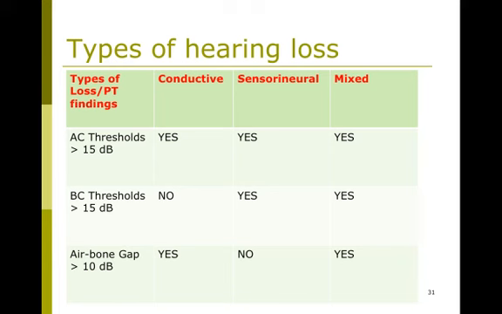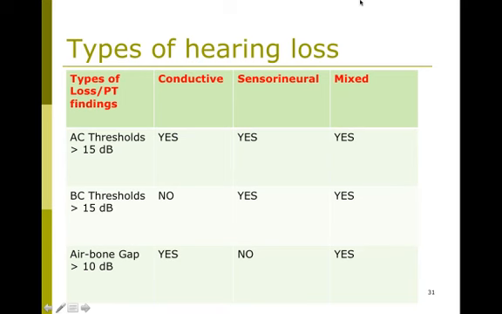We also talked about how, based on the audiogram findings with air conduction thresholds and bone conduction thresholds, we'd be able to determine the type of hearing loss. So we have three different types of hearing loss: the conductive hearing loss, sensorineural hearing loss, and mixed hearing loss.